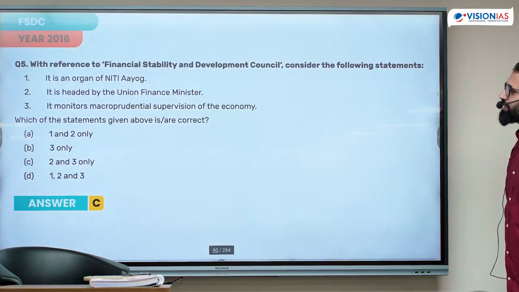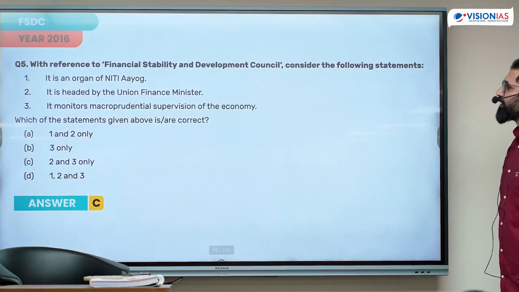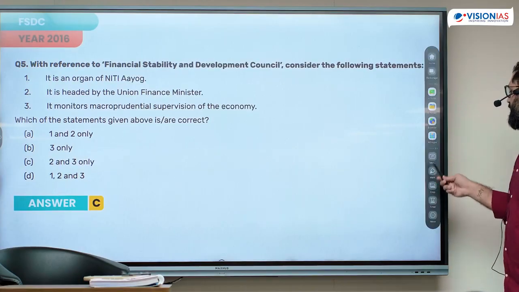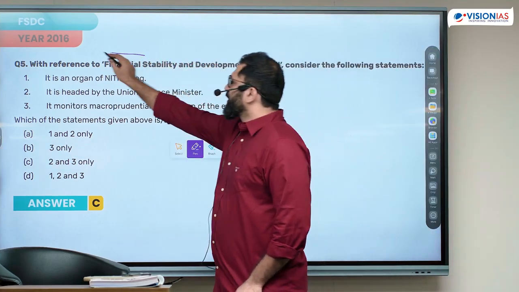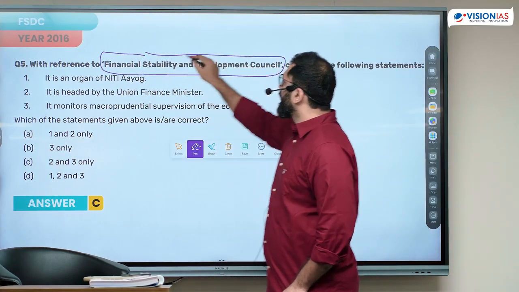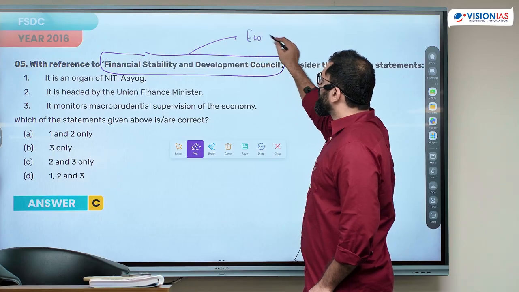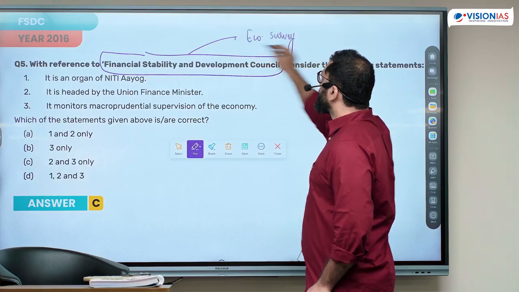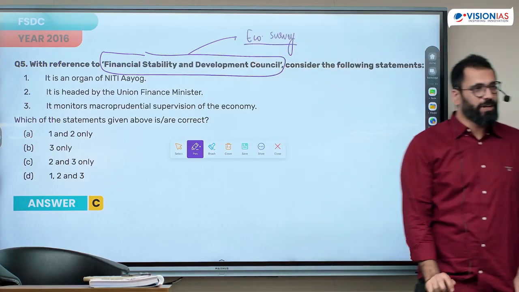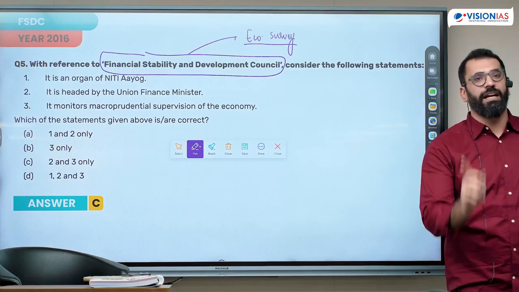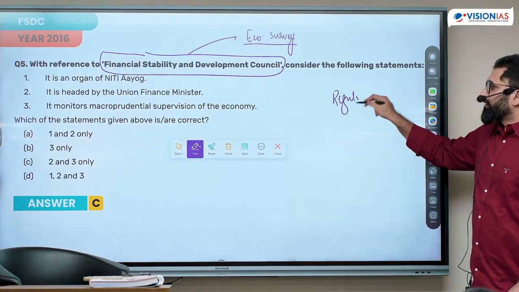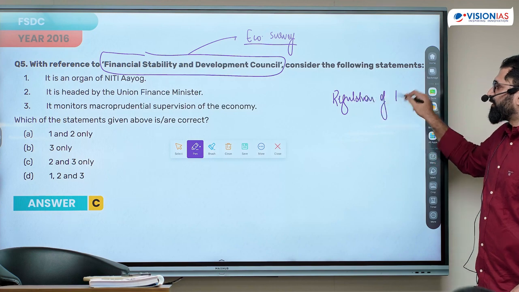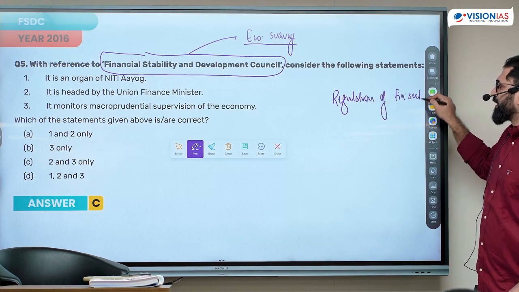With reference to Financial Stability and Development Council, consider the following statements. This is a question from 2016. The relevance of this body was talked about by the Economic Survey. That particular year, the Economic Survey dedicated one chapter to regulation of the financial sector in the country.